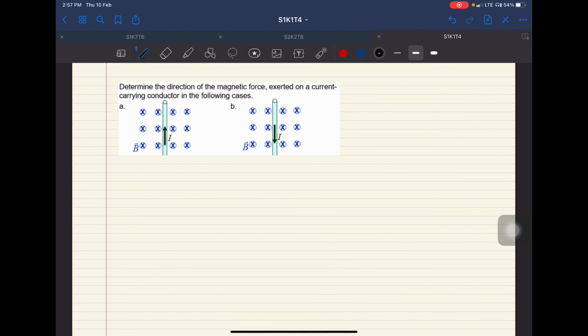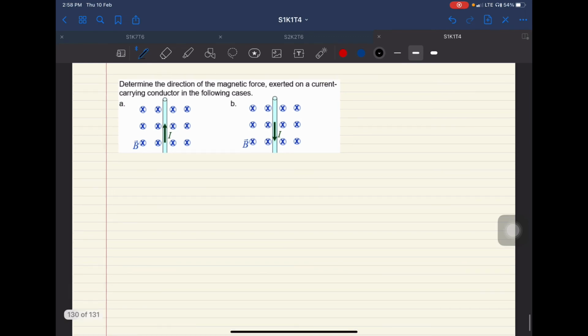Question: determine the direction of the magnetic force exerted on a current carrying conductor in the following cases. You have current going upwards and magnetic field going into the page. To determine the direction of force, you put your thumb upwards and all four fingers into the page. This will be the direction of my force.